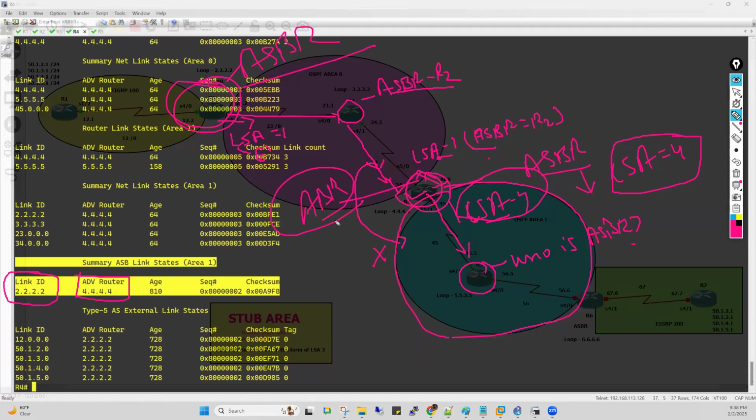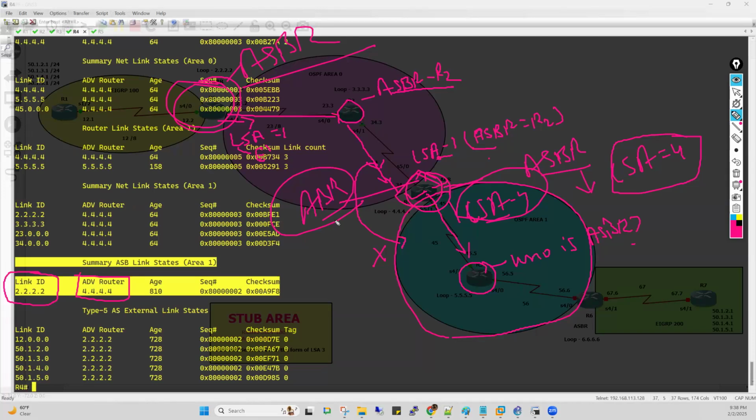Anyone who does not understand, let me know. Clear, guys? Type 4 LSA is the type of LSA that is generated by the ABR router, and with the help of type 4 LSA, your ABR router will inform all the routers present in different areas about the ASBR.